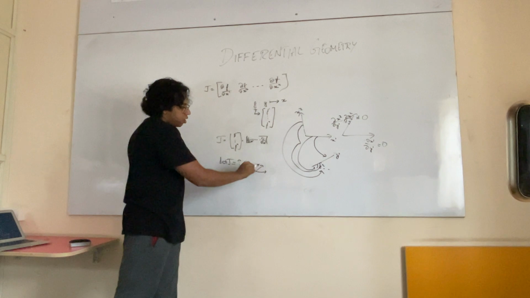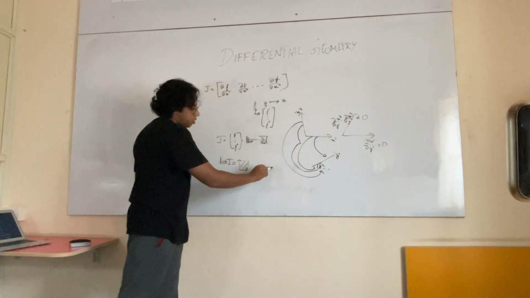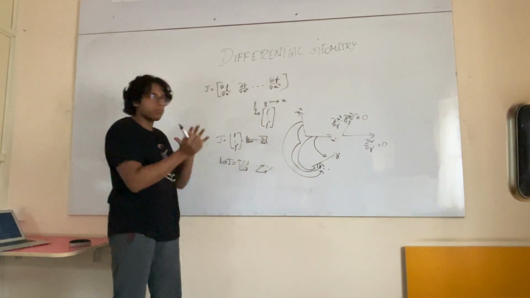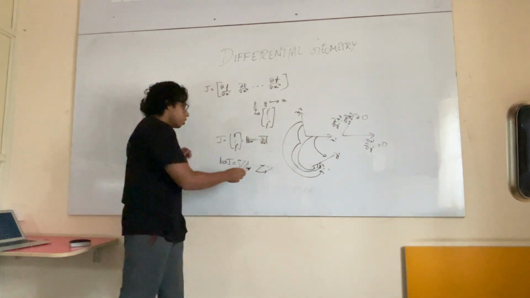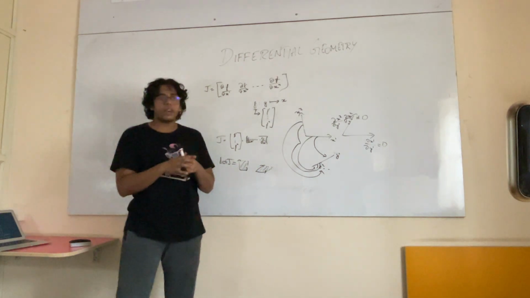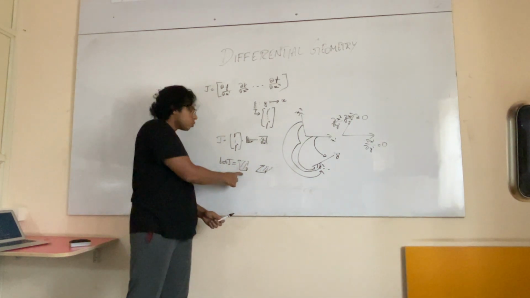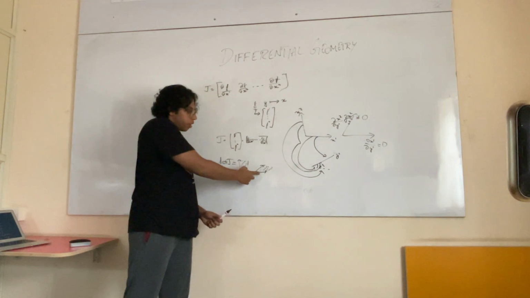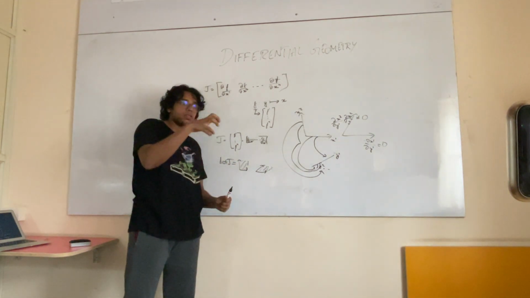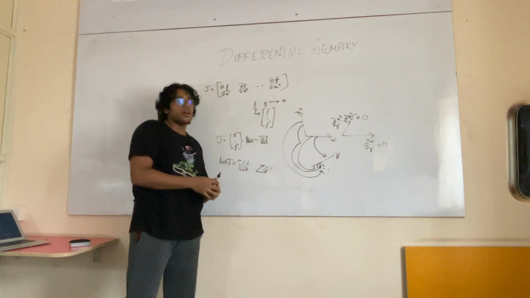Every time you are squeezing the unit vector, you are doing something to the area, right? So the determinant gives you the measure of how the area has changed. This has unit 1, and if it is non-zero, then it means the area has been squeezed.